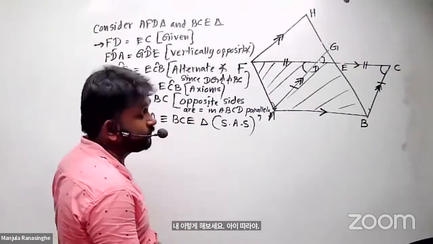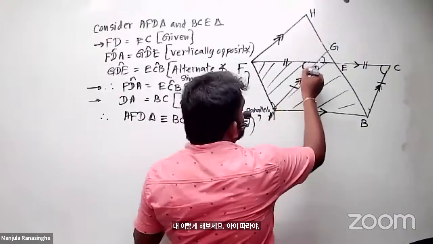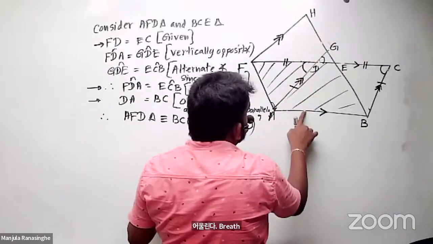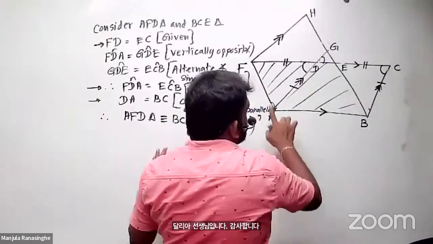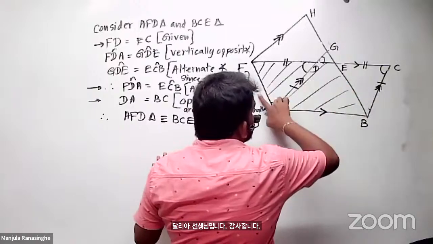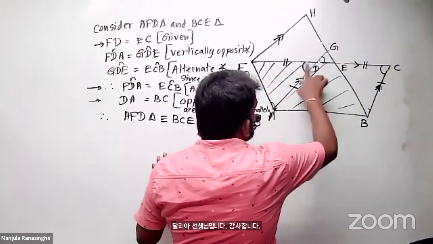We already have these two sides as parallel. If we can prove that these two sides are parallel, then that is a parallelogram.